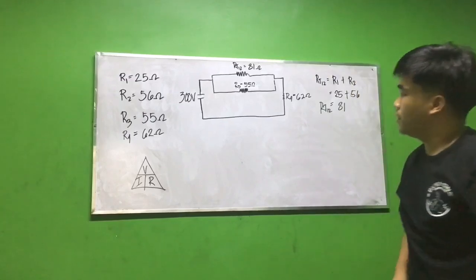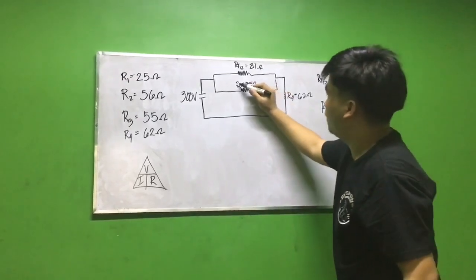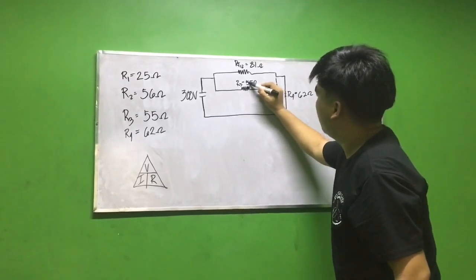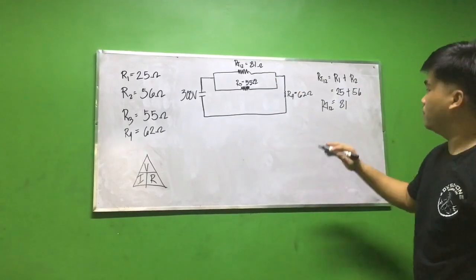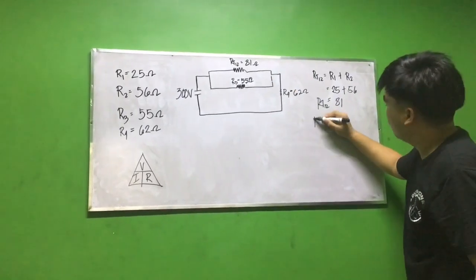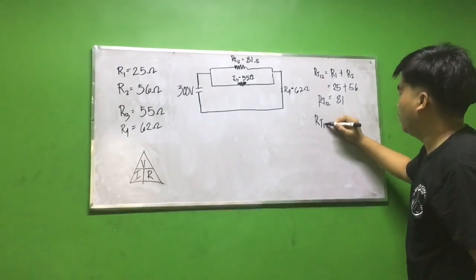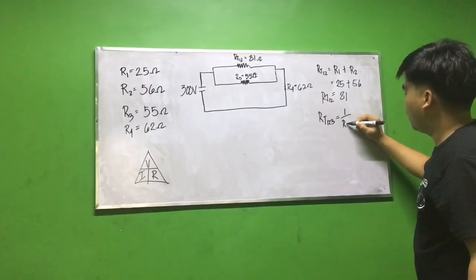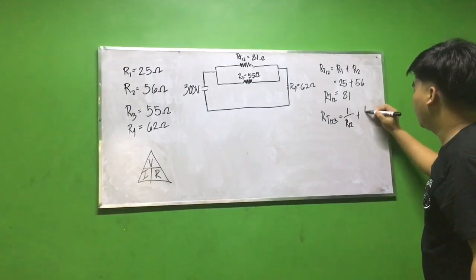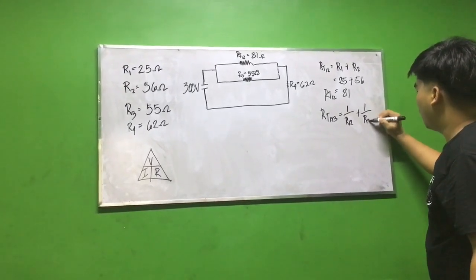Next we have to solve the parallel. We have this formula: RT123 equals 1 over R12 plus 1 over R3.